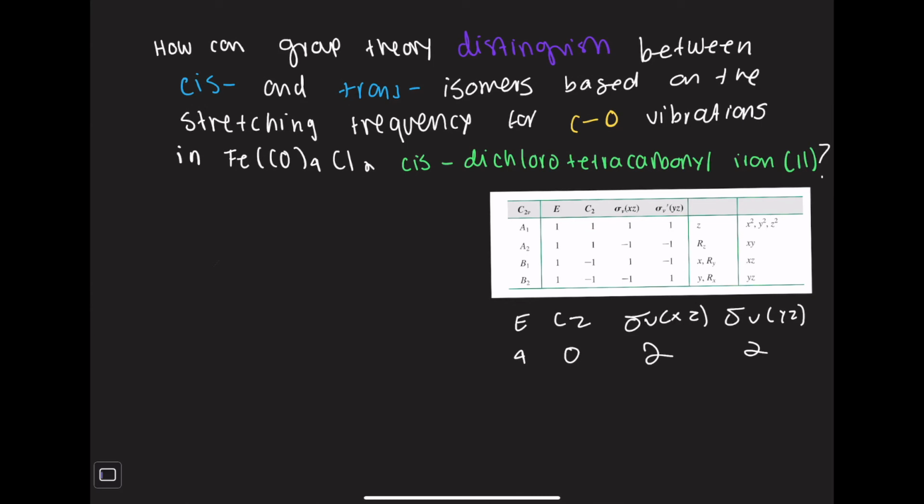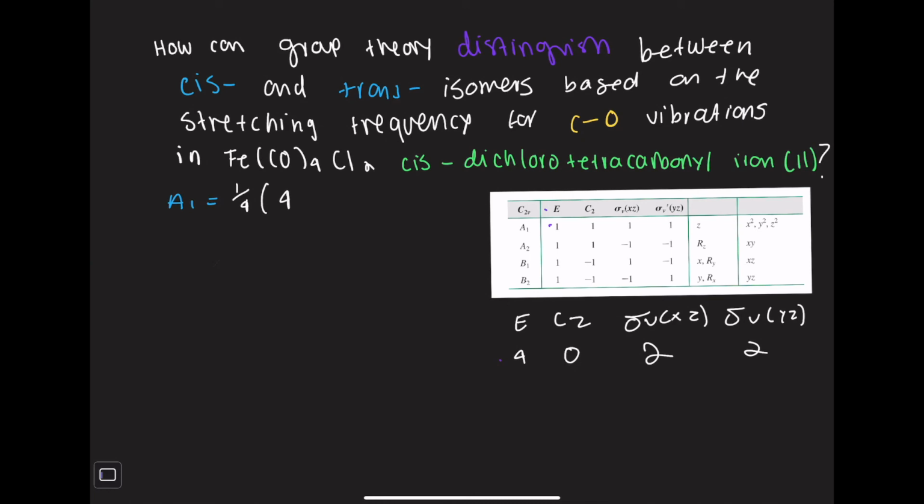So for example, here for A1, we're gonna count how many operations we have. Here we have 4. So we're gonna have 1/4 times. So it's gonna be 1 times 1 times 4. So it's gonna give us a 4.